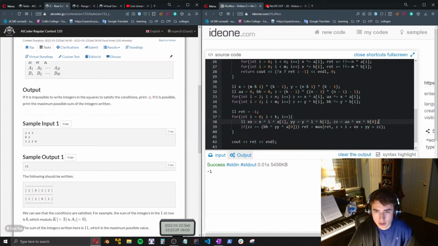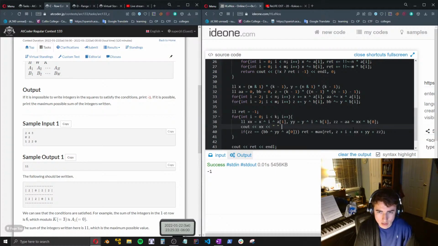What am I doing wrong here? X, Y, Z, I. Why is it not iterating?